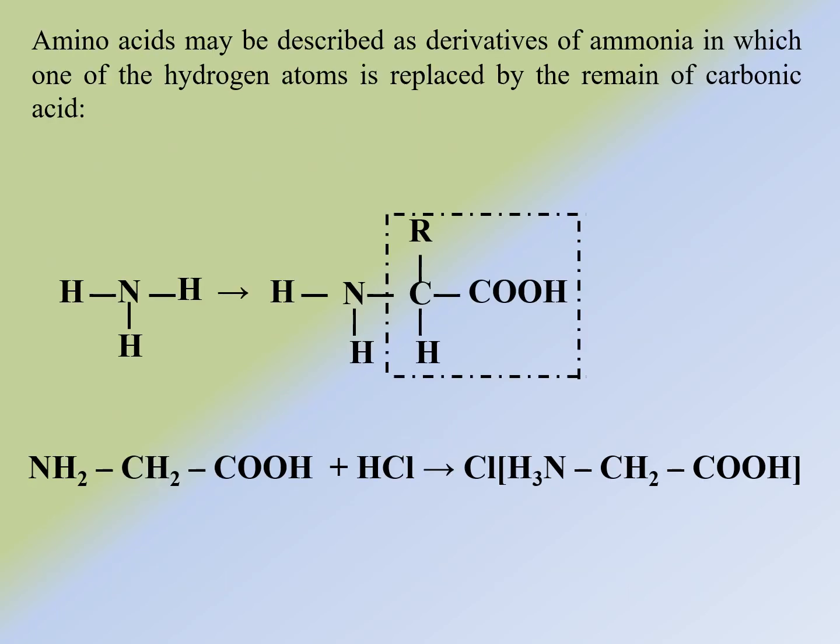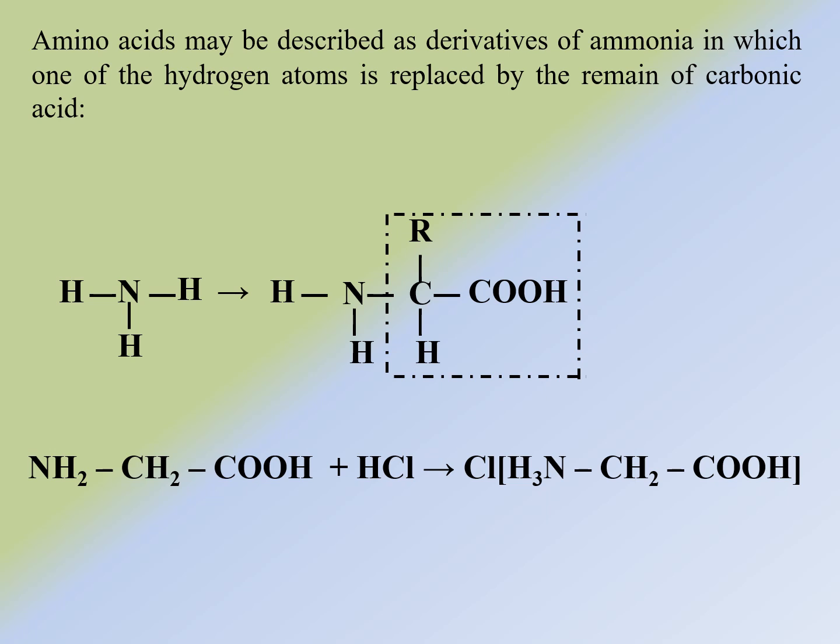What's this scheme? It shows the general structure of an amino acid. So if they ask you what's the function of nitrogen in the human body, maybe the first thing you can tell is that nitrogen is a part of amino acids and so proteins, yes?